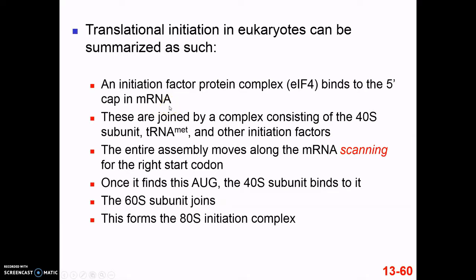So initiation, you have a protein complex that we call eukaryotic initiation factor 4. This actually binds directly to that 5' cap. Okay. These are joined by a complex that is the 40S subunit, and the initiator transfer RNA, so methionine transfer RNA, and there are also some other initiation factors coming in as well.